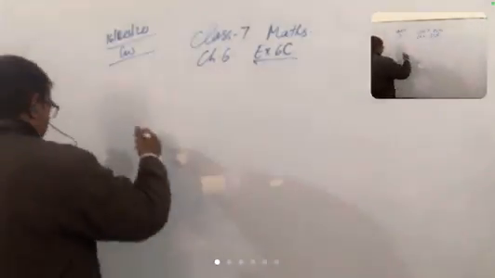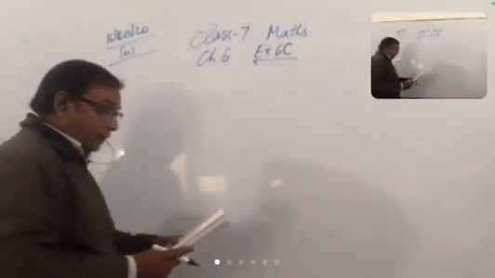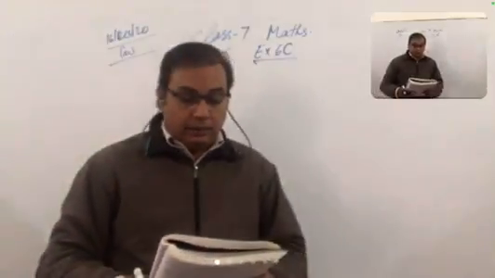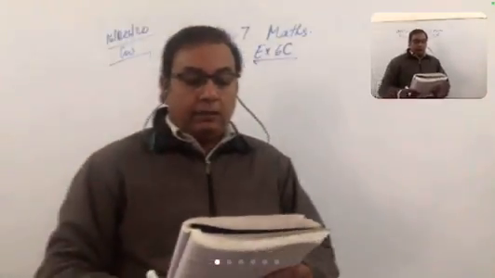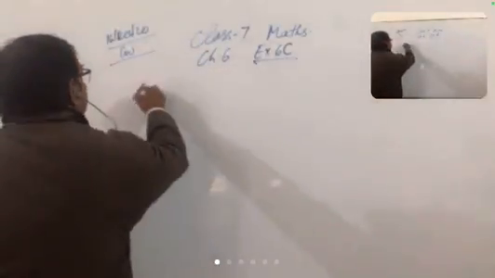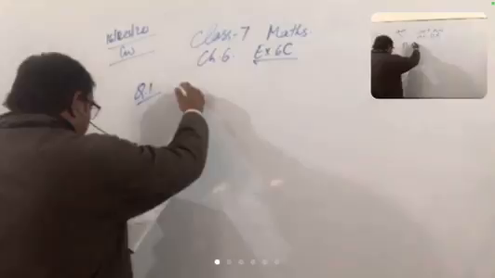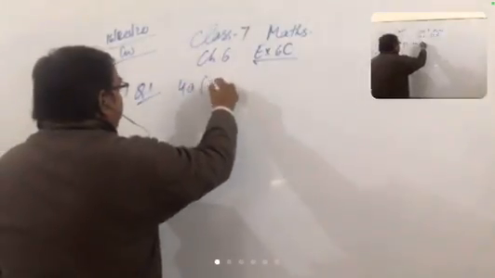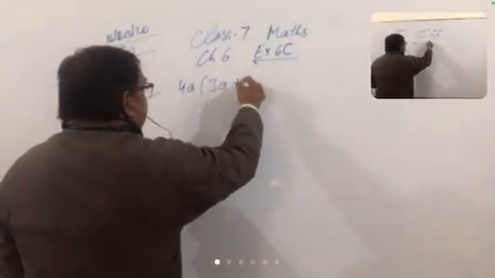Now in exercise 6C, we multiply a monomial by a binomial. So now see question number 1. The main question is: find each of the following products. In question number 1, the question is 4a bracket 3a plus 7b.